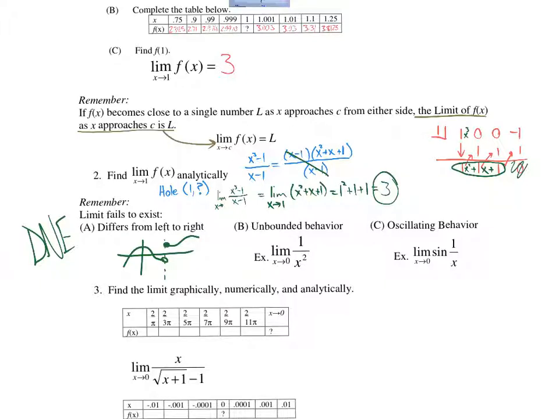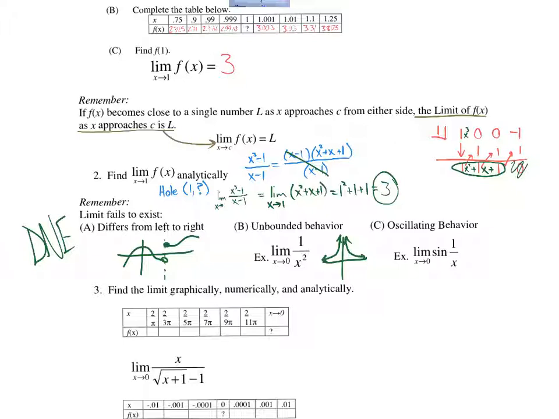It goes to infinity. Alright? This graph right here, 1 over x squared, looks something like this. So as x approaches 0, it's going off to infinity. Therefore, the limit does not exist.